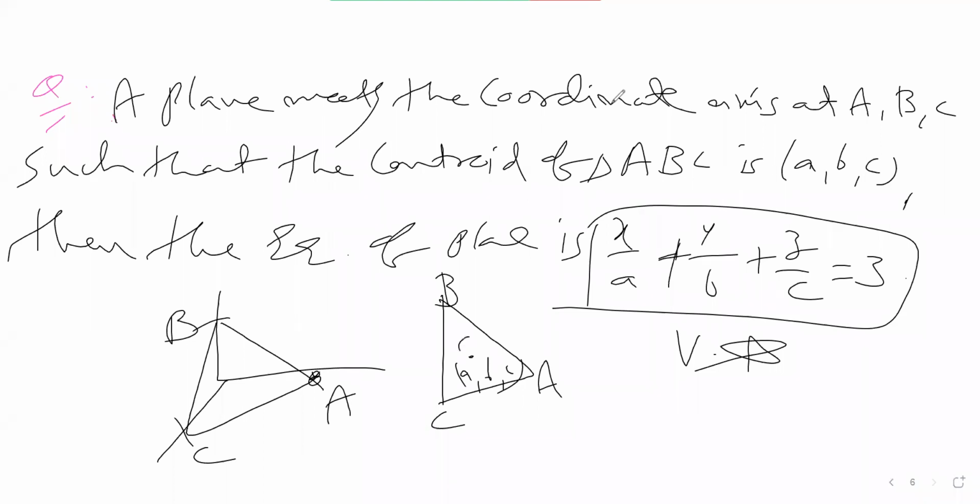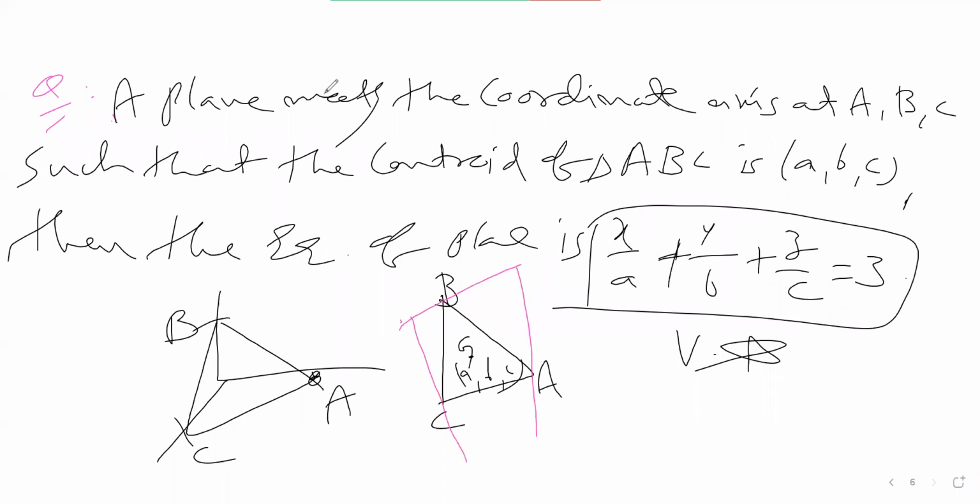That is denoted by G, of course, the centroid. Whenever we have this type of hypothesis, the equation of such a plane, the plane which passes through these 3 points, is always as follows.